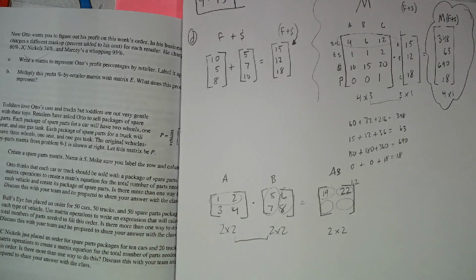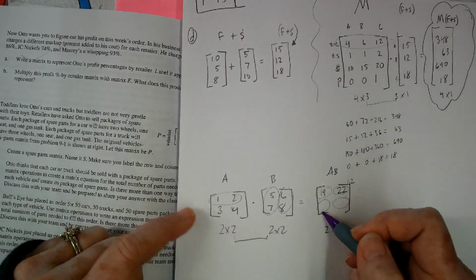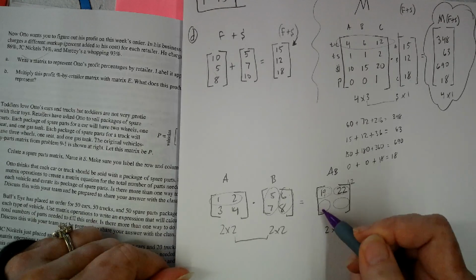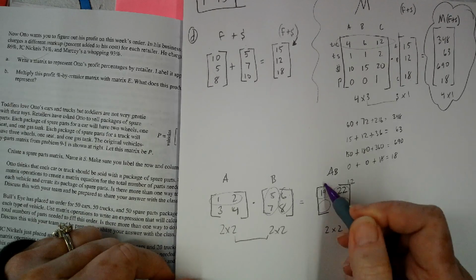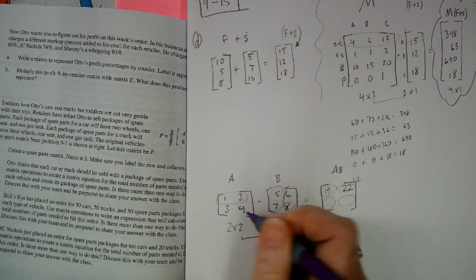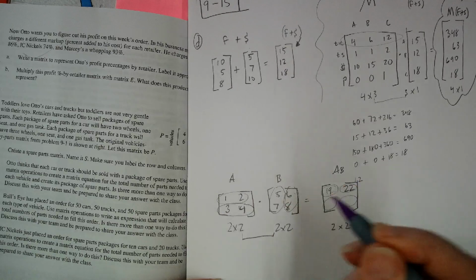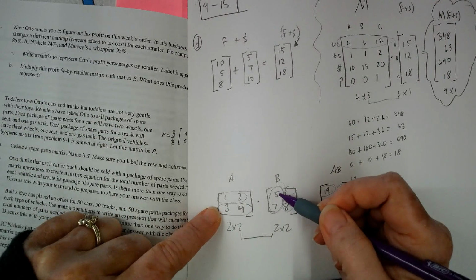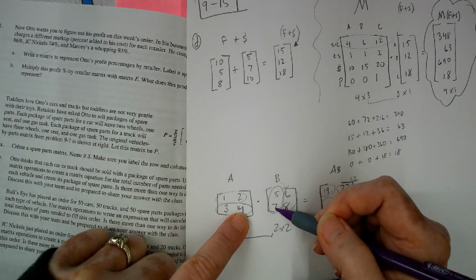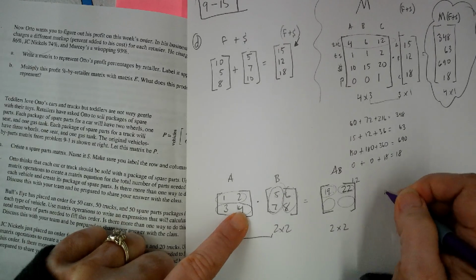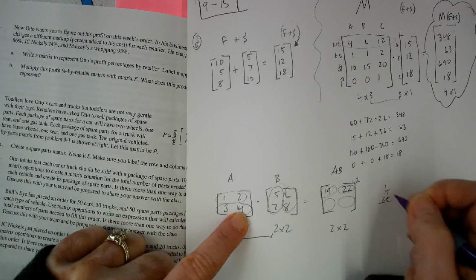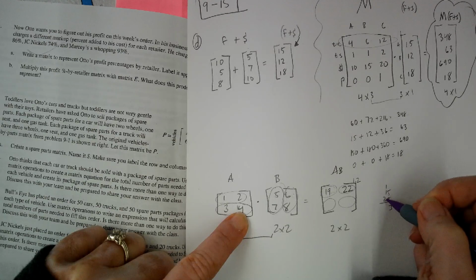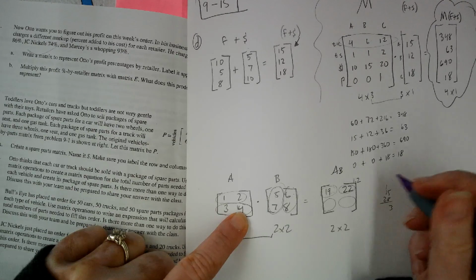Yeah, I think it's 22. Okay, and then what's this one? This is row 2, column 1. So I'm going to do row 2 by column 1. So 3 times 5 is 15, plus 4 times 7 is 28. What's 15 plus 28? Is it 43?